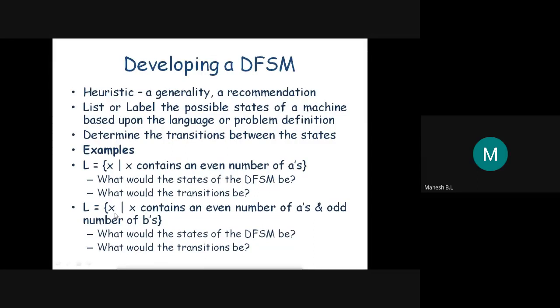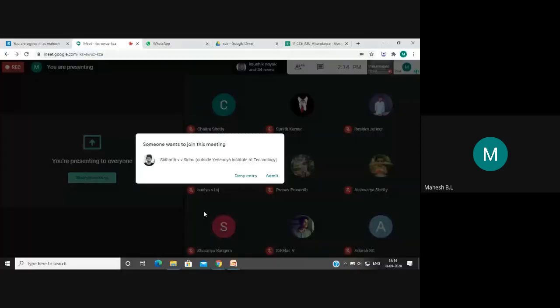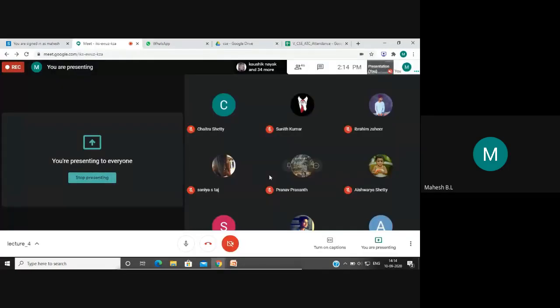At the end of the previous class, we were discussing how to design a DFSM for this particular language, that is, L is equal to X, where X contains an even number of A's and odd number of B's.